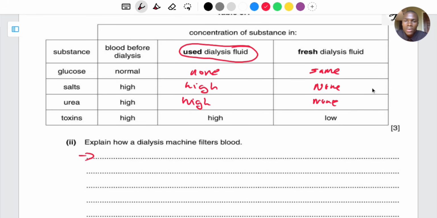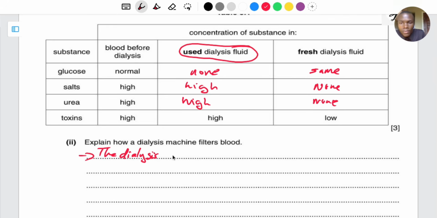Since the kidneys are not working, the person is failing to filter toxins and other substances like urea, salt, and excess water. So if a person is failing to filter all those substances, they are going to use the dialysis machine, which acts as an artificial kidney. So we can say the dialysis machine acts as the artificial kidney by filtering blood.